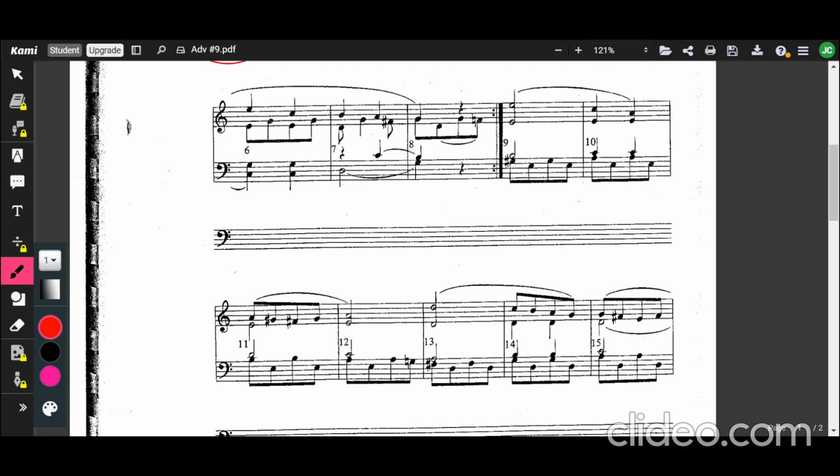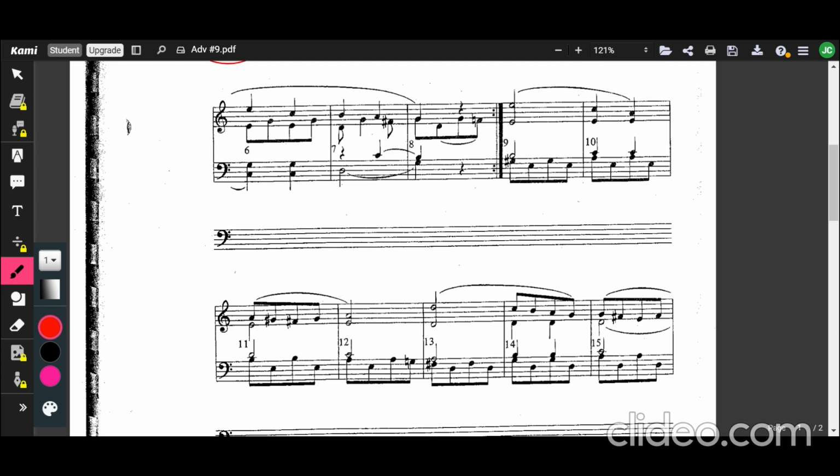But since it changes so much, I would probably have to use multiple new keys, so I'm just going to do it all in C major. Note, this means that there are likely going to be a lot of secondary dominants.